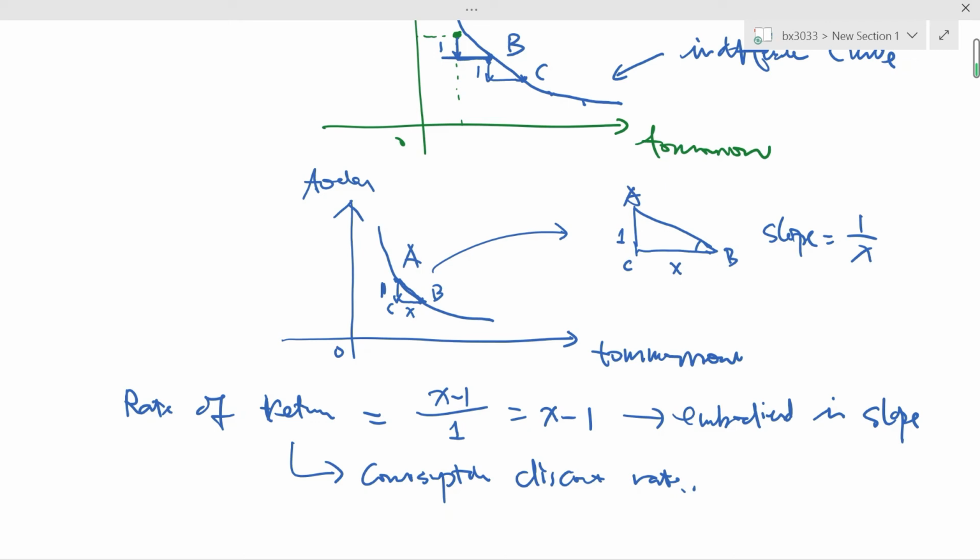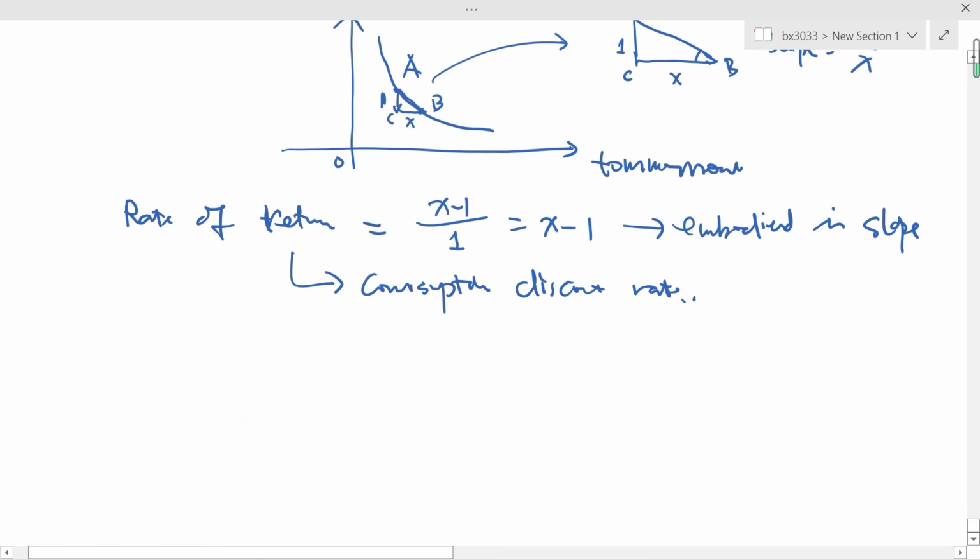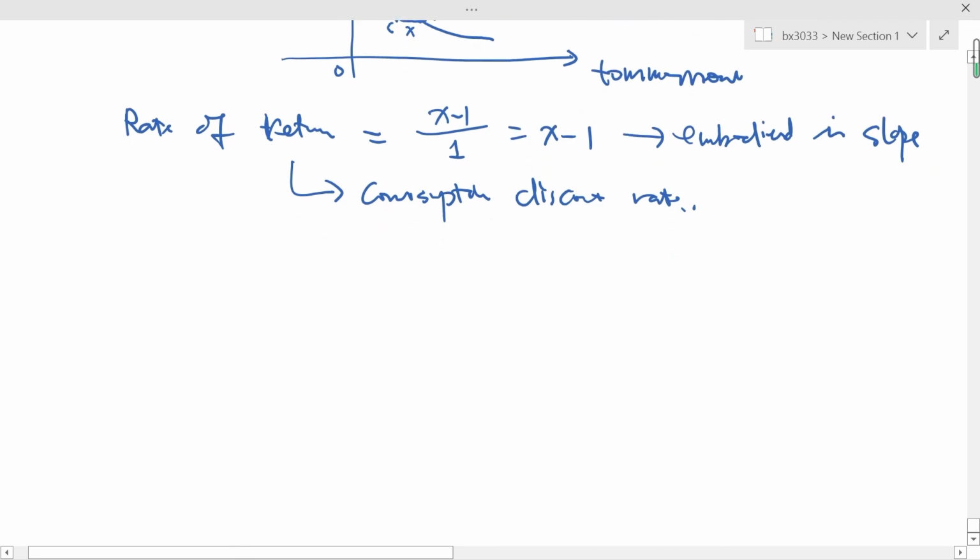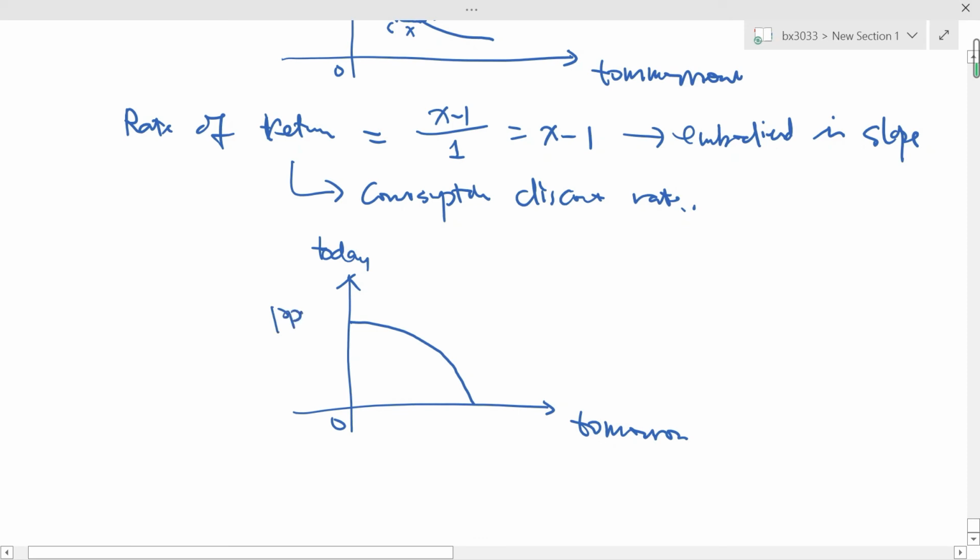Now you may be wondering which rate is bigger than which. Okay, so let's put the production possibility frontier and the indifference curves together. So we have the PPF, we have many indifference curves.